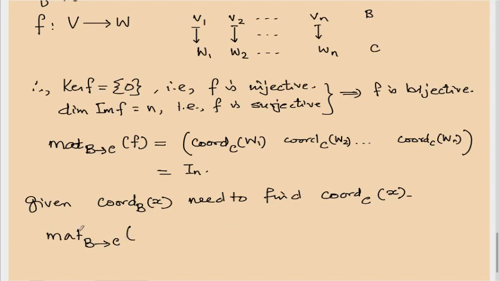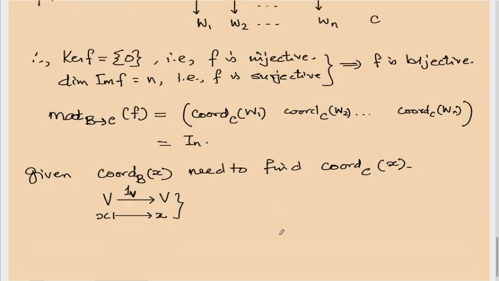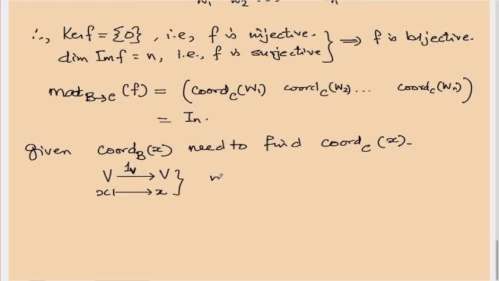The linear transformation over here is from V to V, which is taking x and keeping it at x. That's the identity linear transformation. So I need to find out this for 1v.